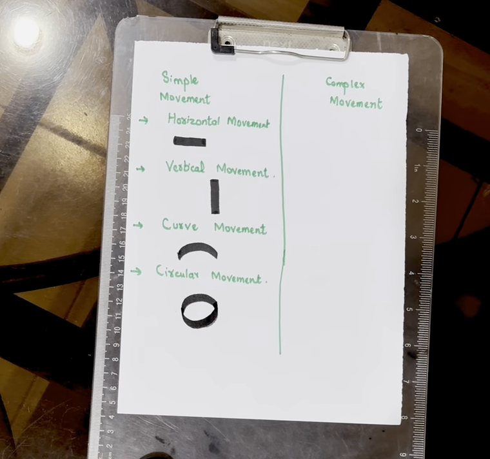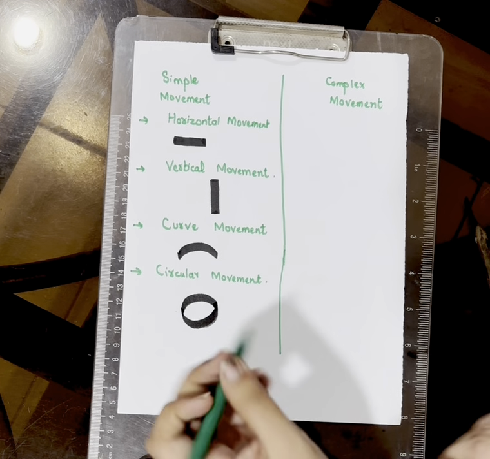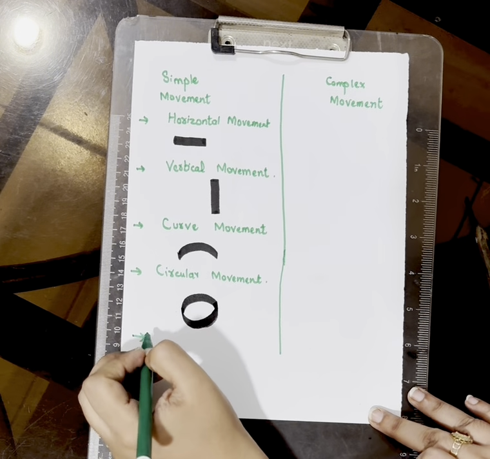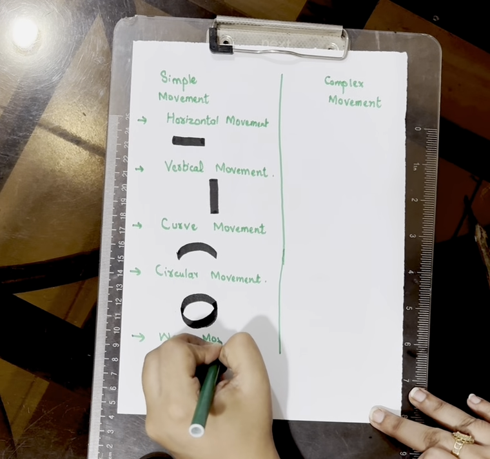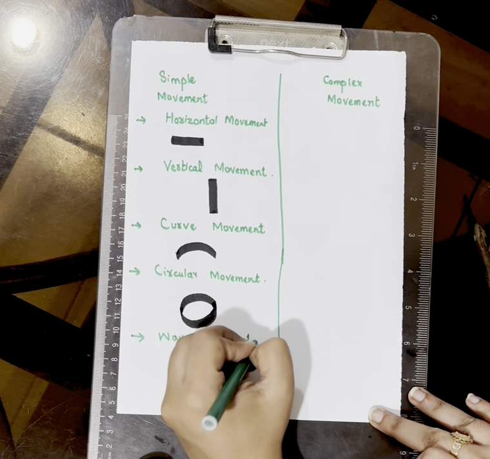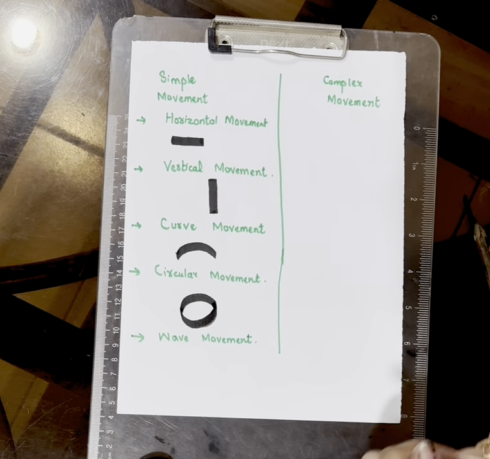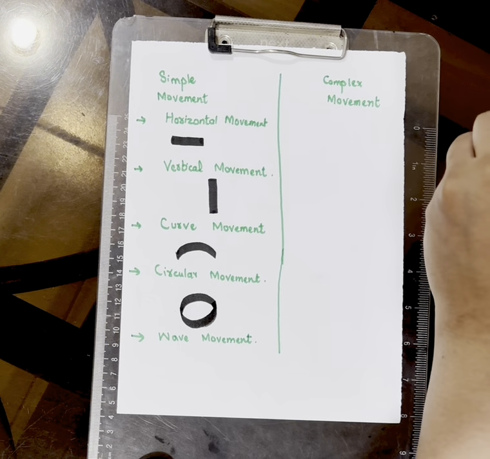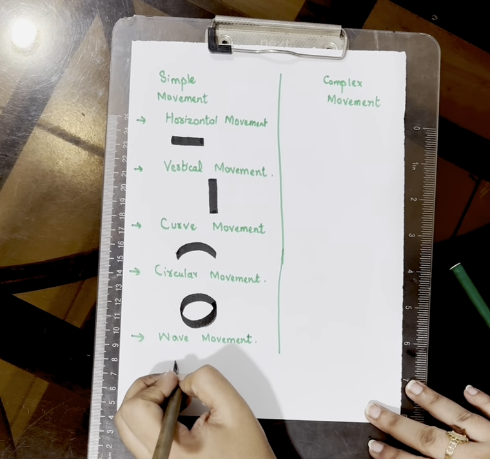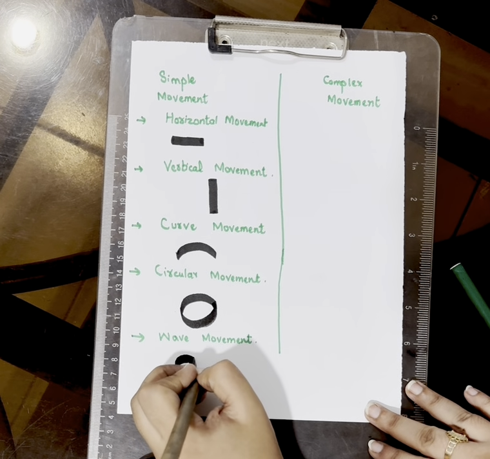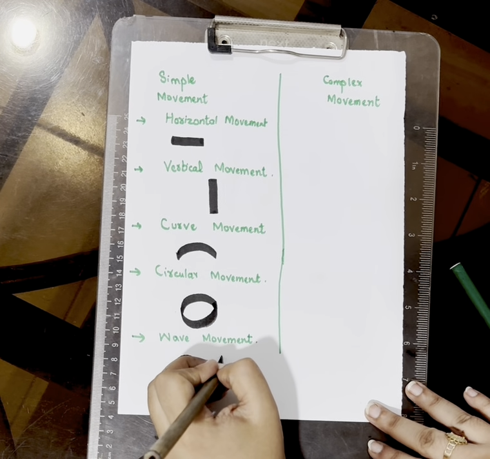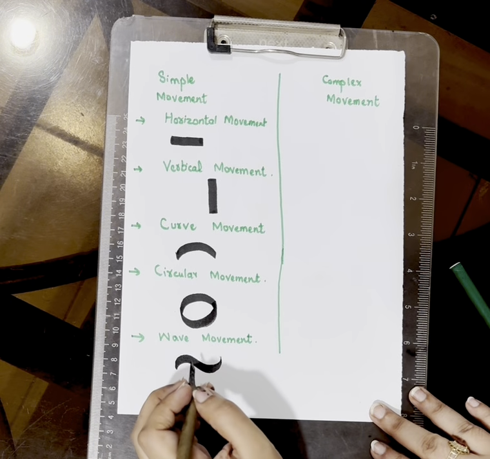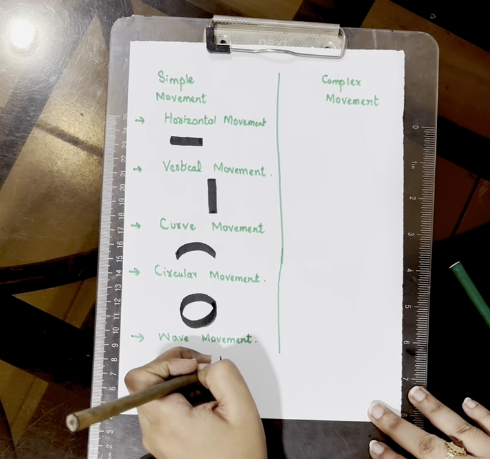This is the circular movement. The last type of simple movement is the wave movement. Place your kalam at 90, make a wave and ends at 90. Clear?